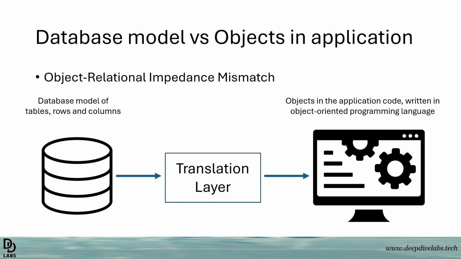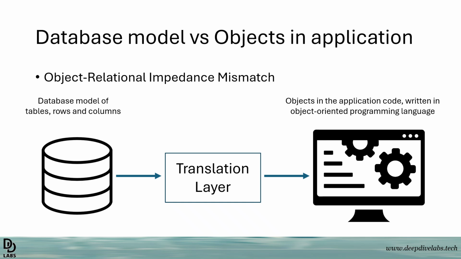So there is a need for a translation layer, and NoSQL databases, because of their schema-less data models, tend to make this translation easier, by storing the data in the same format as being used by your application.